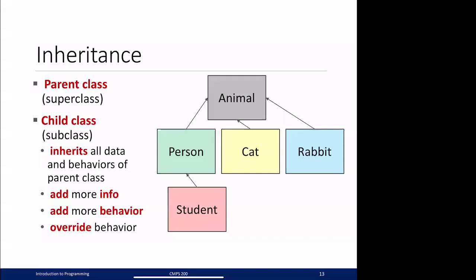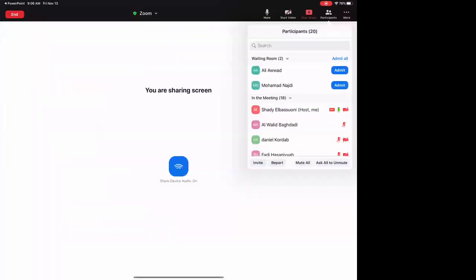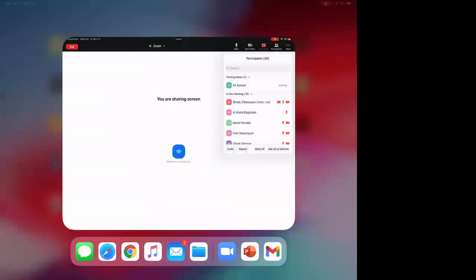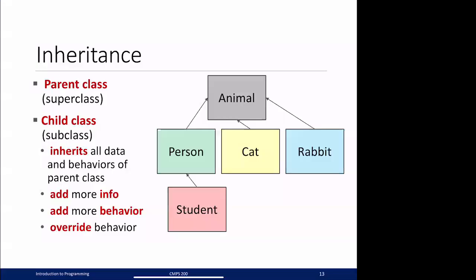I expect person to also have age and name, cat to have age and name, and rabbit to have age and name. Student inherits from person, so it's a subclass of person, and it will inherit all properties of person. So if person has additional properties, all students will also inherit them.